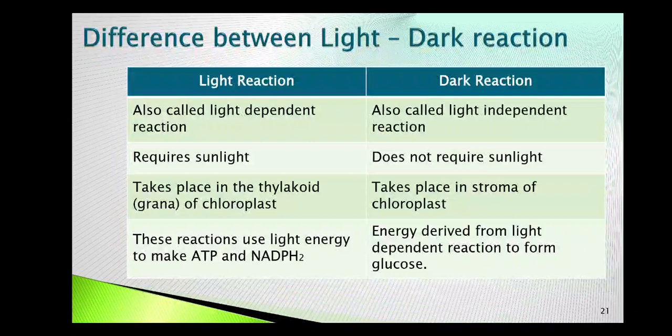In light reaction, light energy is used to make ATP and NADPH2, whereas in dark reaction, the energy derived from the light dependent reaction forms the glucose molecule. So this is the process of photosynthesis.